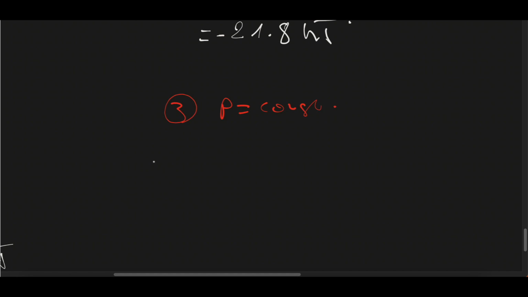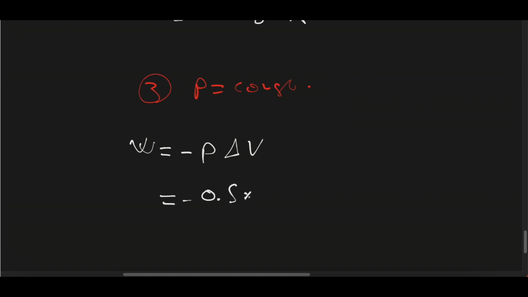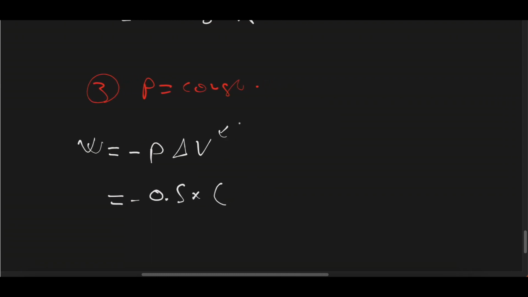Here the work that is done is equal to minus P delta V, which is equal to minus 0.5 times the final volume in state A minus the initial volume in state C, which is 164 minus 41.